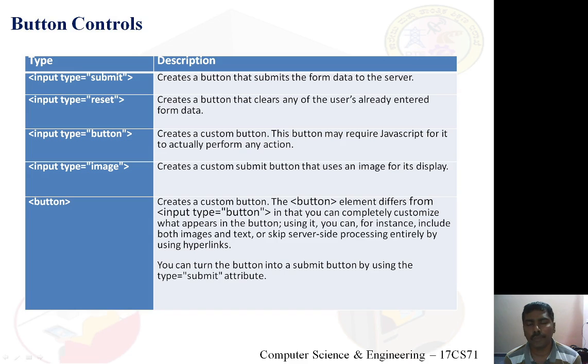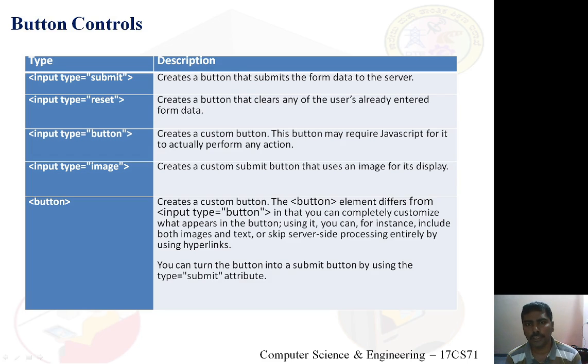Now coming to the first agenda of the session, button controls. While discussing a simple Gmail login form, I said there were two input fields. One is a text box for user ID, the other a text box for password.